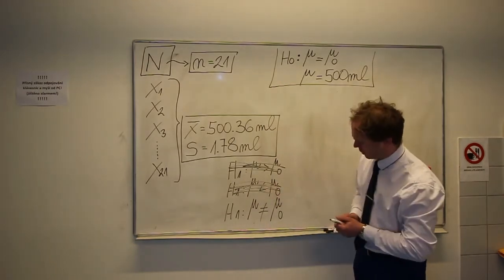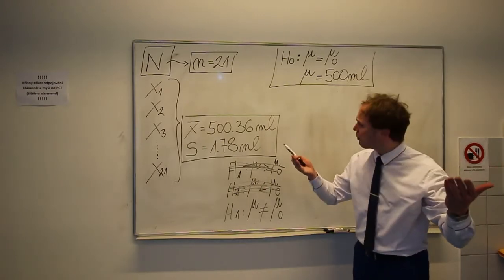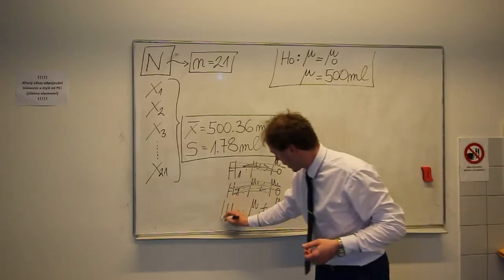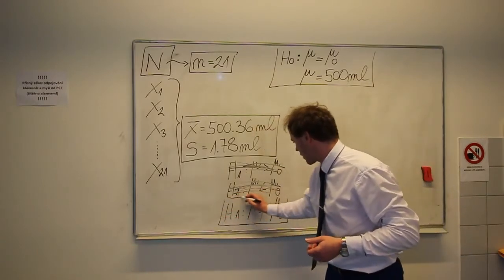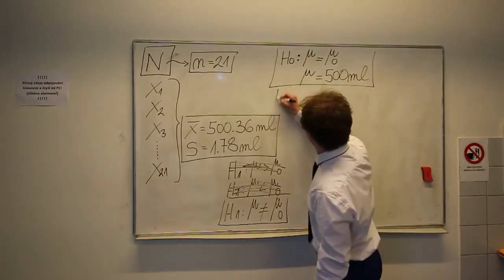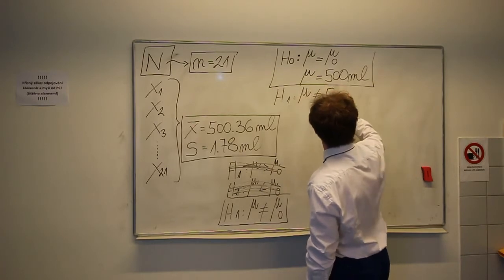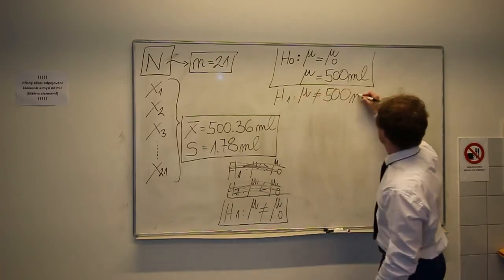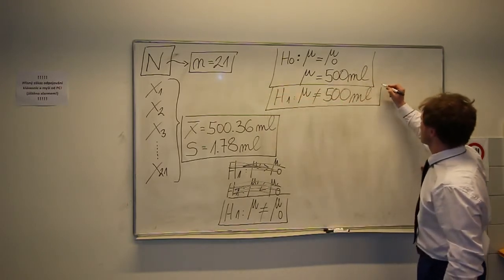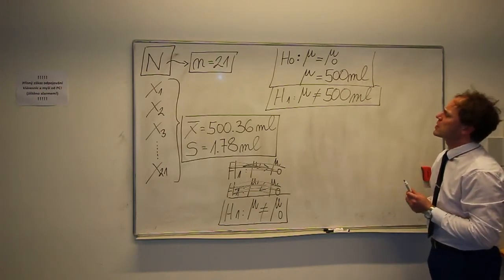Yes, both situations are wrong for you, like owner of the brewery, and also for your customers. So this alternative hypothesis will be selected logically. So alternative 1, mu is not equal to 500 milliliters of beer. So this is the best alternative hypothesis which I selected.